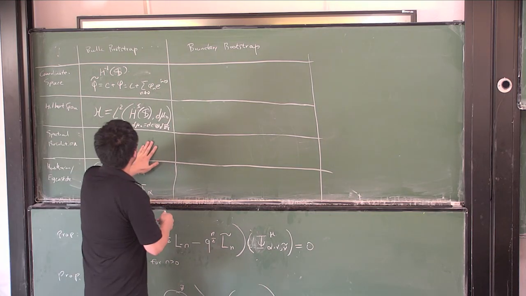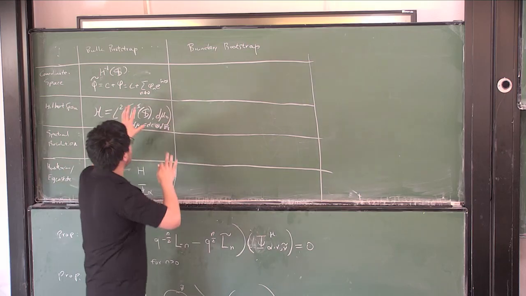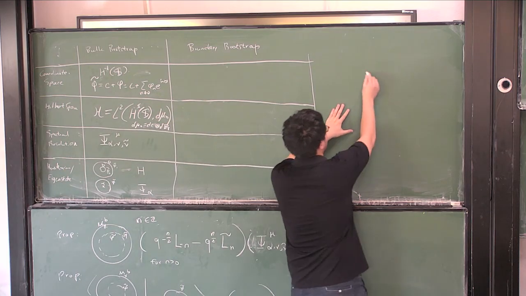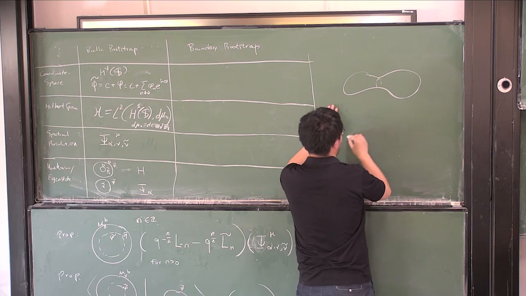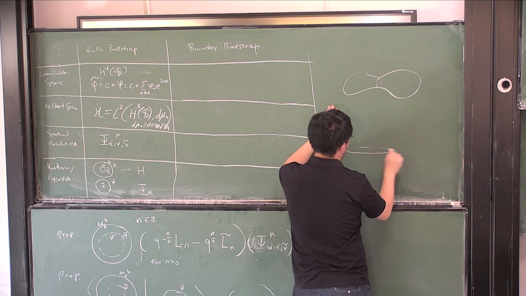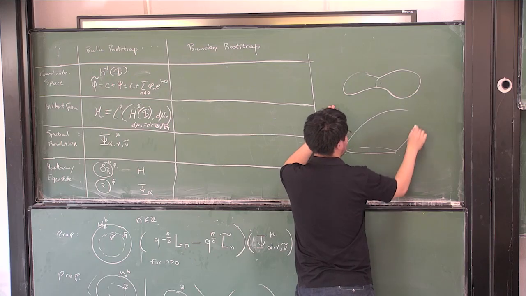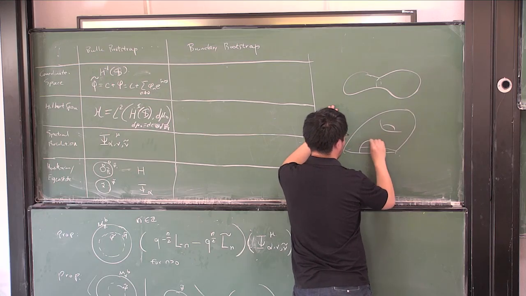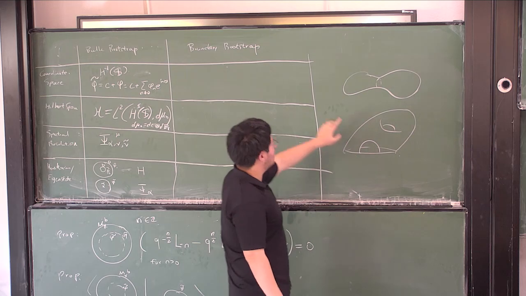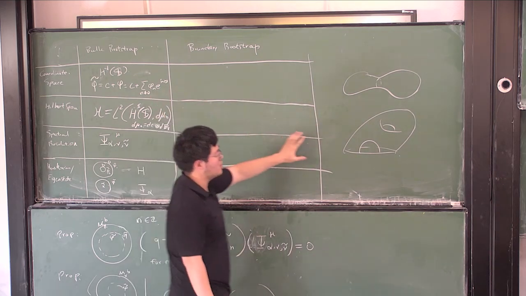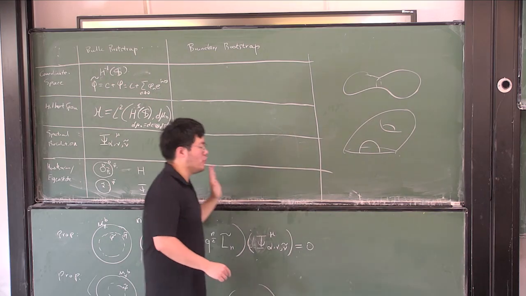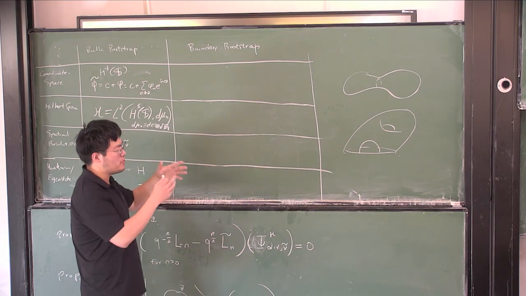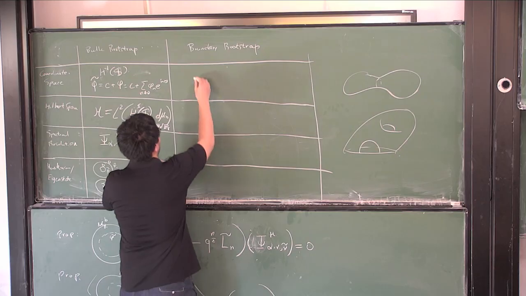So here, this is for the bulk bootstrap. Remember, in the bulk bootstrap, we cut some circle, and for the boundary bootstrap, we cut along some arcs. Here the coordinate space should be a field living on the half circle, but we plan to view this as some even function on the whole circle.